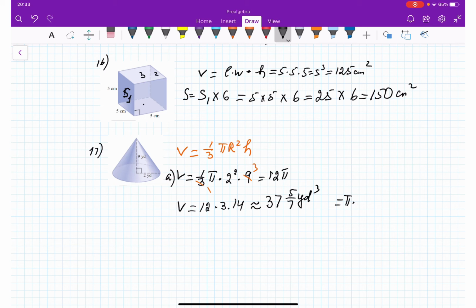And now we are going to find the area of surface, which is equal pi r square root r squared plus h squared plus pi r squared.